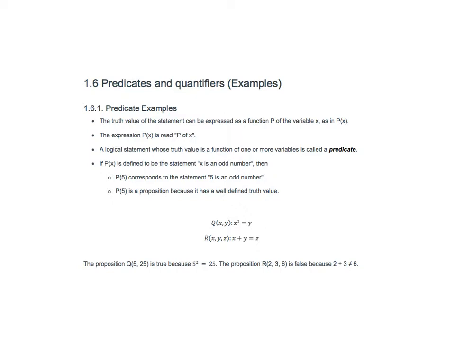But the proposition r of 2, 3, and 6 is false because 2 plus 3 is not equal to 6. In the first example, q of 5 and 25, x is 5 and y is 25. Therefore, x squared is equal to y. In the second example, x is equal to 2 and y is equal to 3. Therefore, x plus y is equal to 5, which is not equal to the value that z is replaced by, which is 6. Therefore, r of 2, 3, and 6 is false.